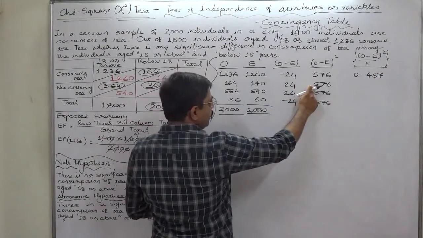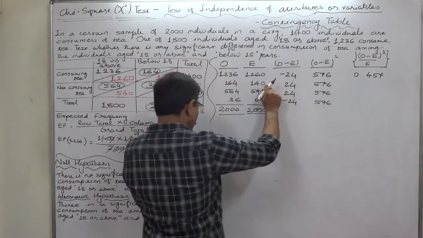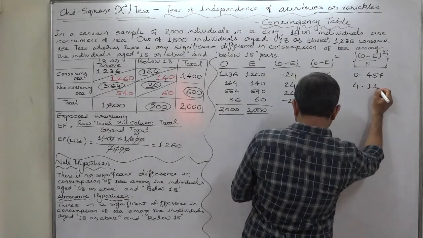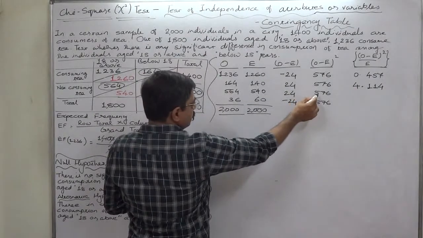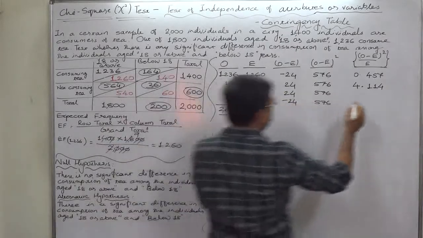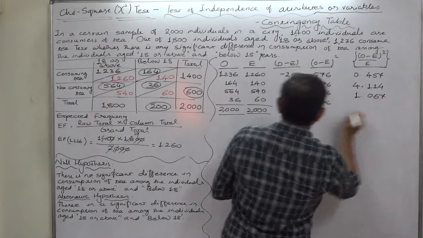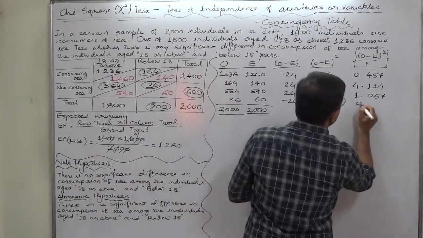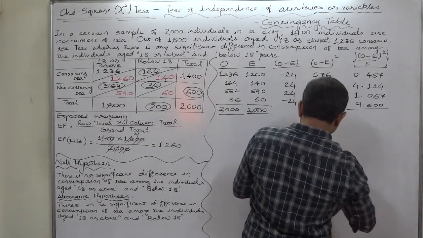Similarly, 576 divided by 140 comes to 4.114. 576 divided by 540 comes to 1.067. And the last is 576 divided by 60. It comes to 9.6. And summation 15.238.